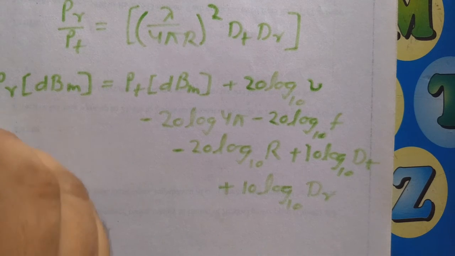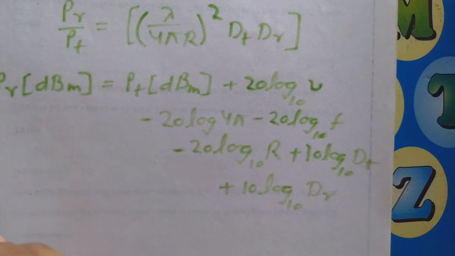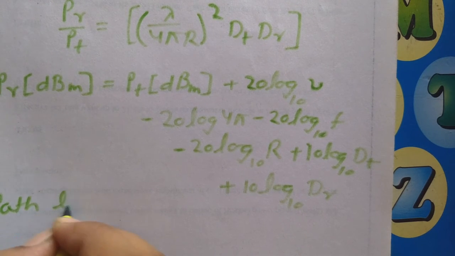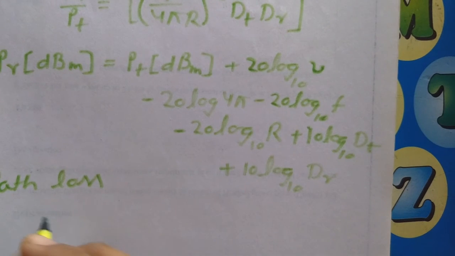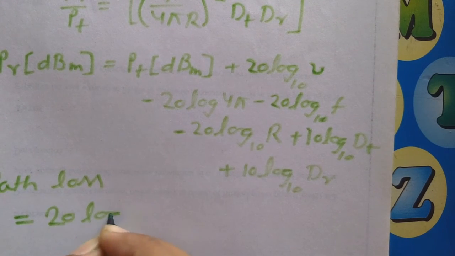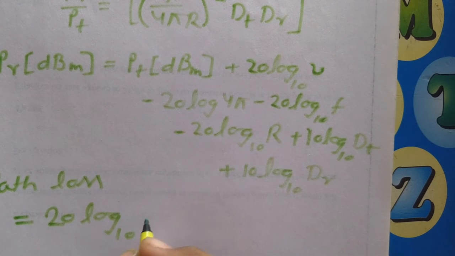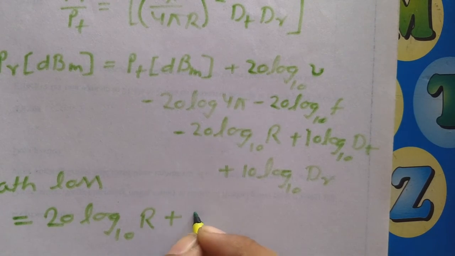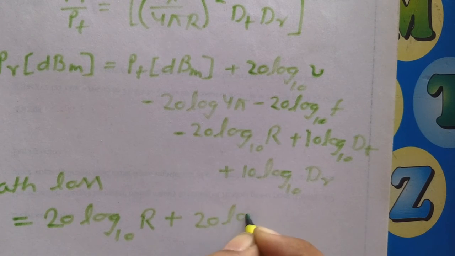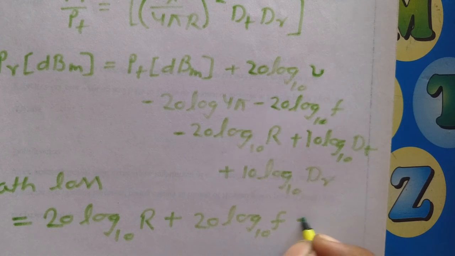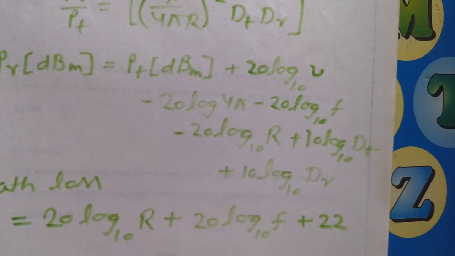This is the FRIIS transmission line equation, in which path loss is defined by path loss equal to 20 log base 10 r plus 20 log 10 f plus 22.